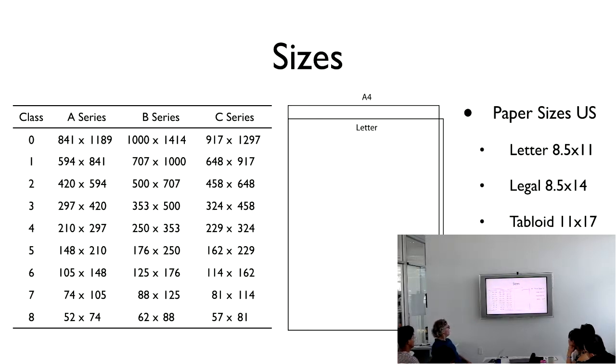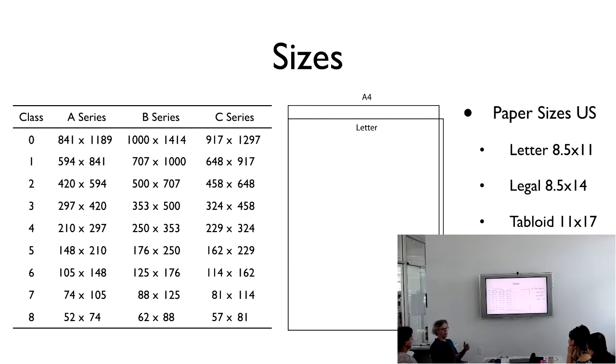On the right, you see our friends, the Americans, who still stick to the imperial system. Unless you're in science, they don't use centimeters and millimeters. They have three sizes: letter, legal, and tabloid, which I put on the right, in inches. When you design something for letter and A4, this is usually the tricky one.